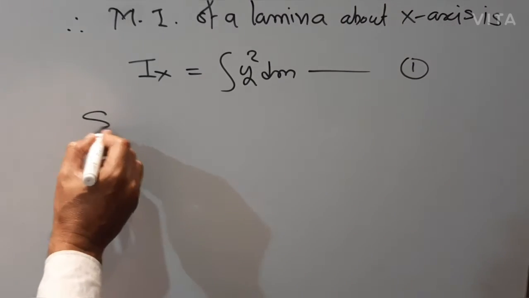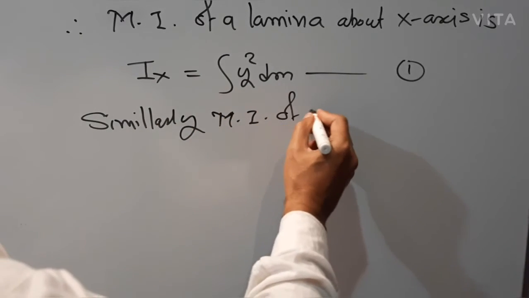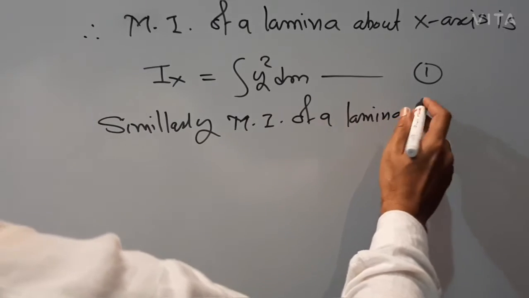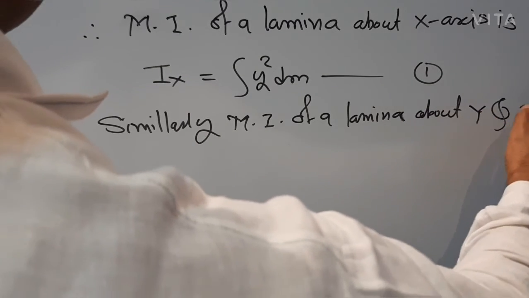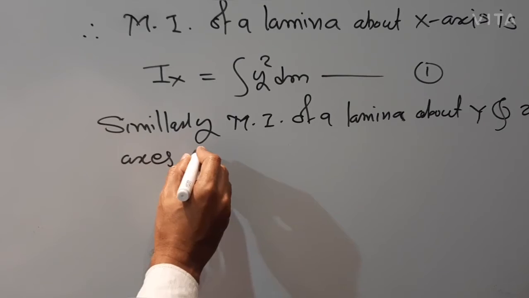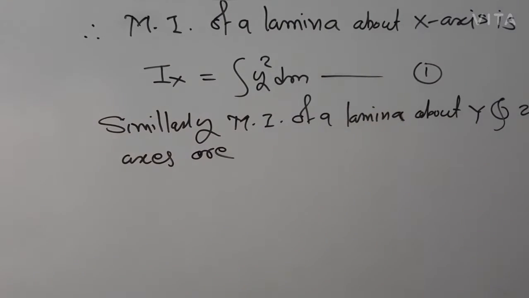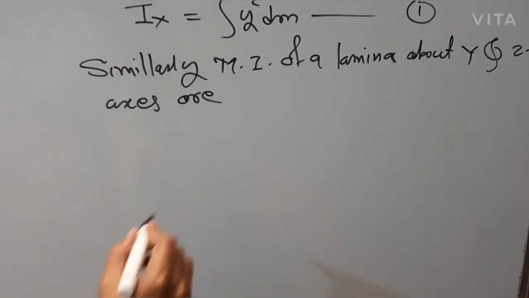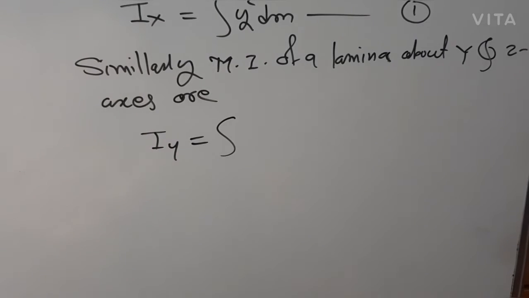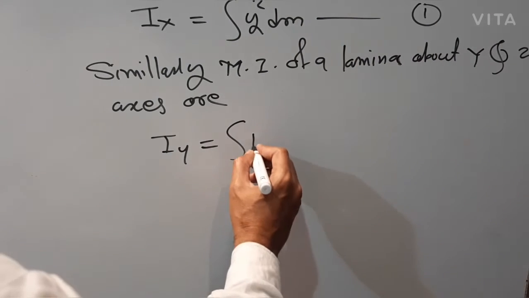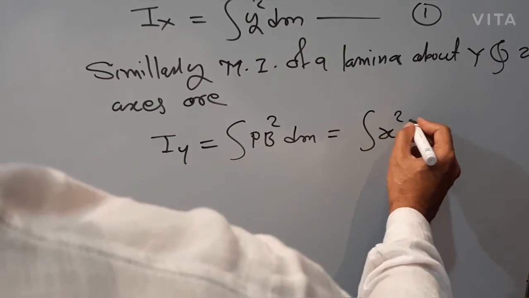Similarly, the MI of a lamina about the y and z axes: Iy is equal to the integration of PB square dm, which is equal to the integration of x square dm.